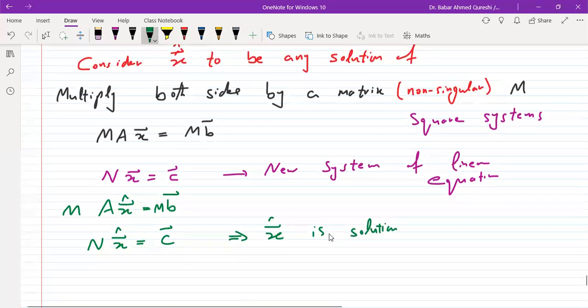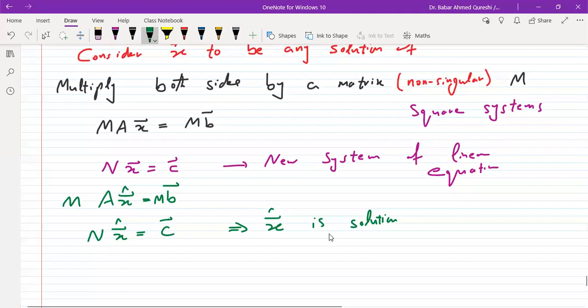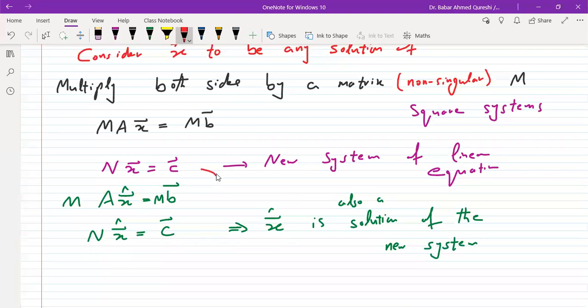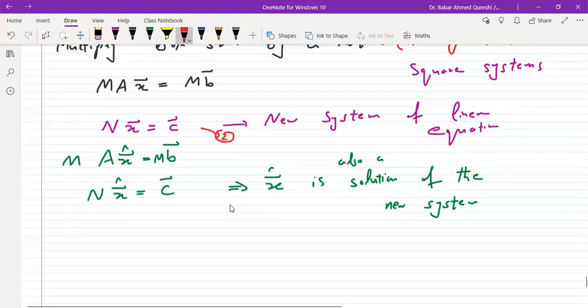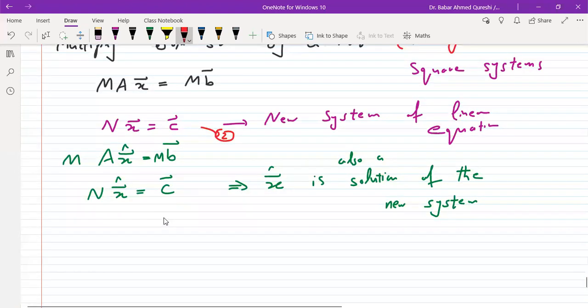And remember, this x hat was any solution. Any solution of this original system is also a solution of the new system. I guess I should give them names. This system, let's call it 2. So any solution of 1 is also a solution of 2.